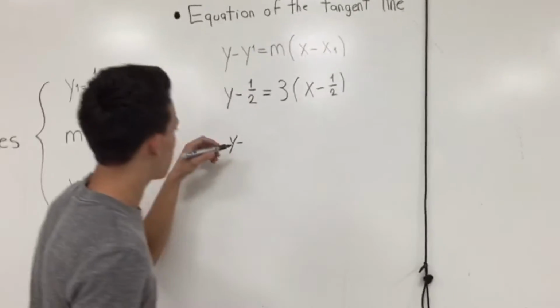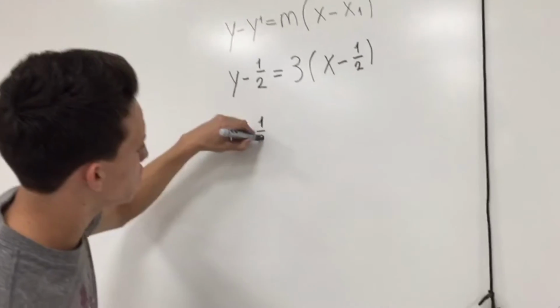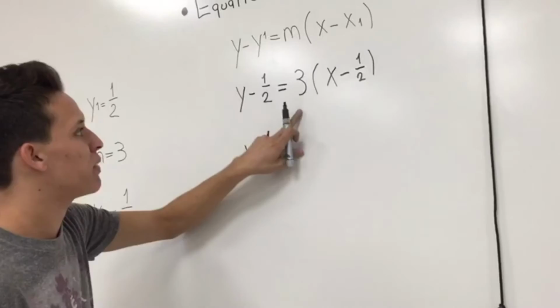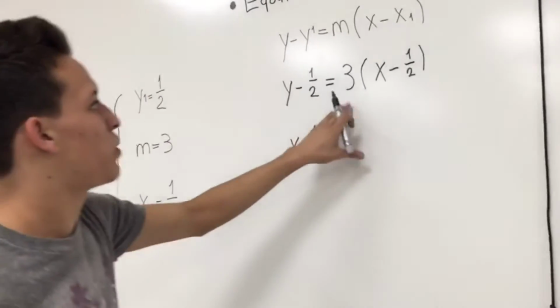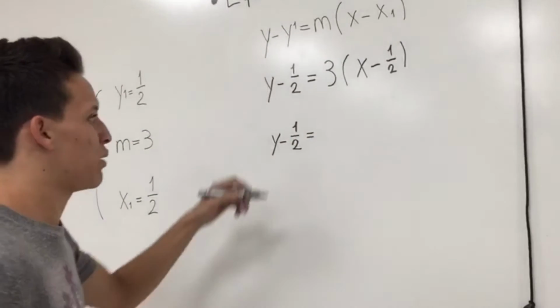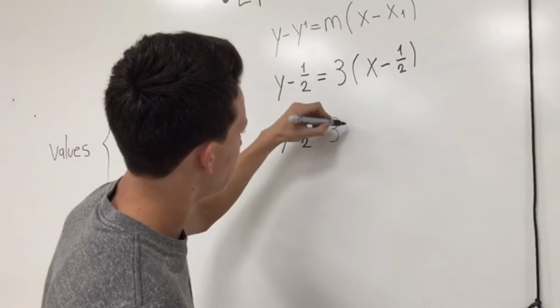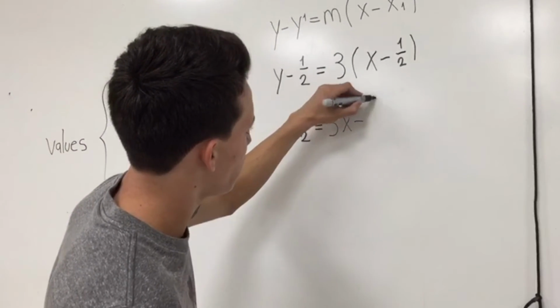So as our next step, we're going to multiply m, that is 3, times x, and 3 times minus 1/2, so it's 3x minus 3/2.